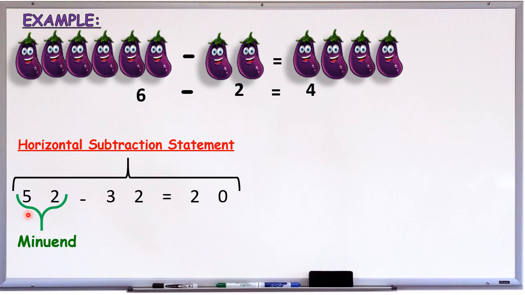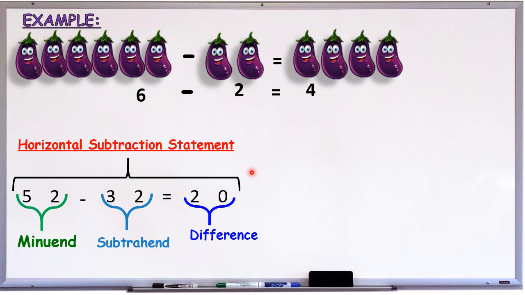Minuend is the bigger number from which we are going to subtract the smaller number, and the smaller number which we are going to take away is known as subtrahend. And after deduction or after subtracting, whatever answer we are getting, that is 20, is known as difference. Horizontal subtraction statement we basically use for smaller numbers.